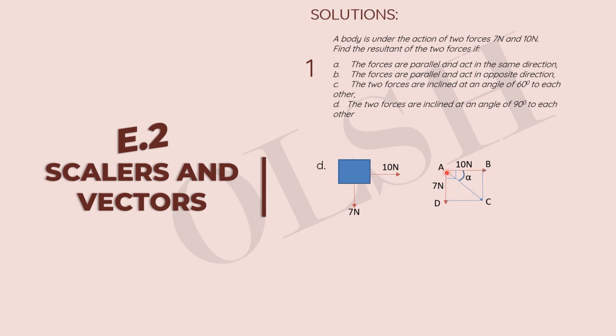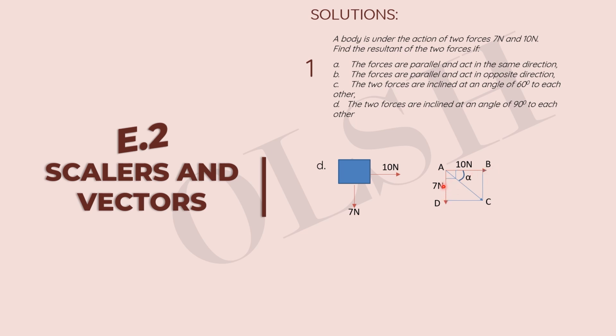You can see this is tail to tail, for the 7 and 10 newtons. If we have them tail to tail like this and try to draw a resultant as the third side of that triangle, then we're not going to be right.